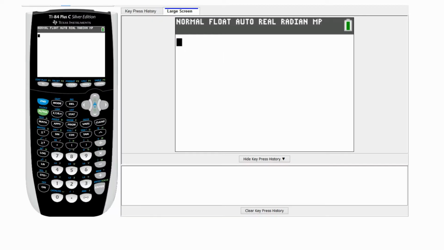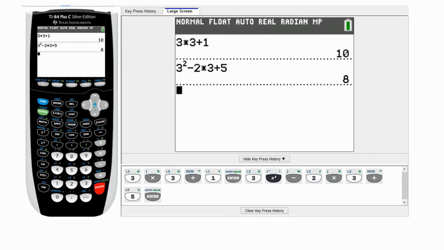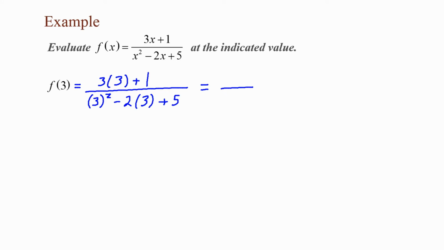Calculating, to find our numerator, 3 times 3 plus 1 gives us 10. For our denominator, 3 squared minus 2 times 3 plus 5 gives us 8. So that equals 10 divided by 8, which equals 5 over 4. So f of 3 equals 5 divided by 4.